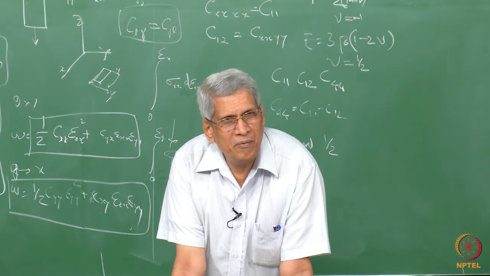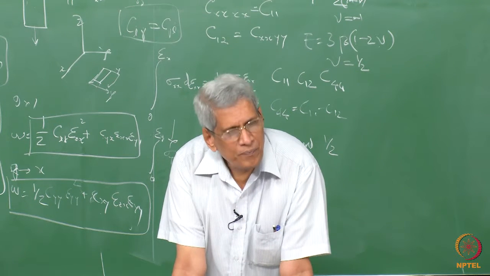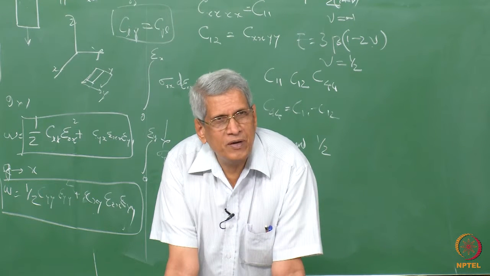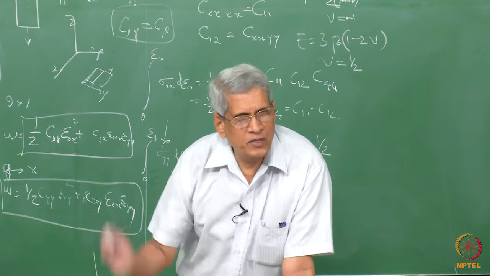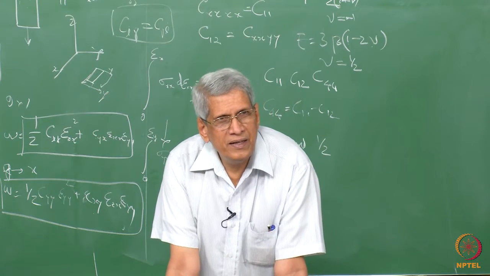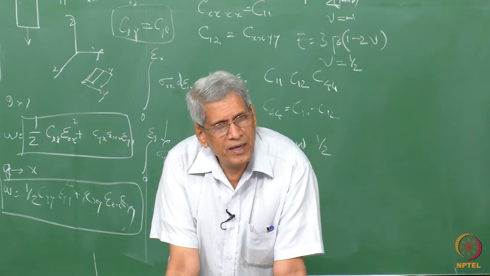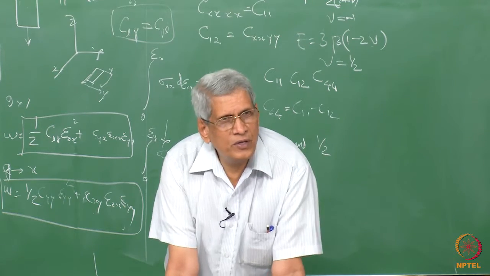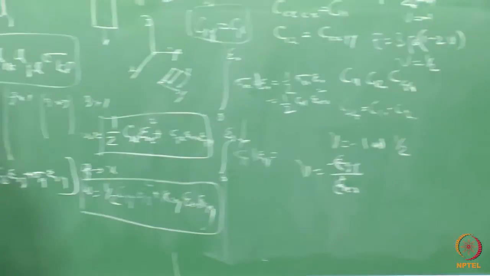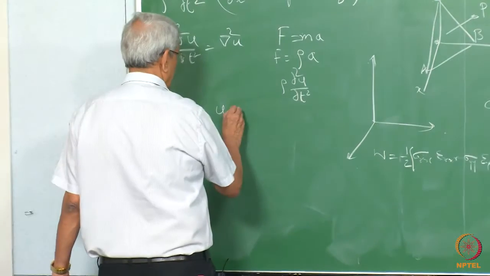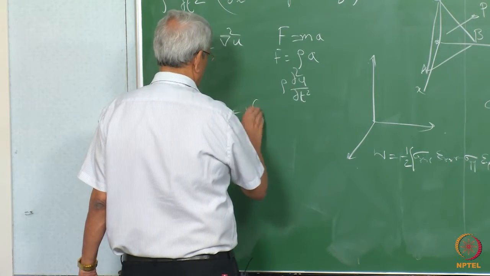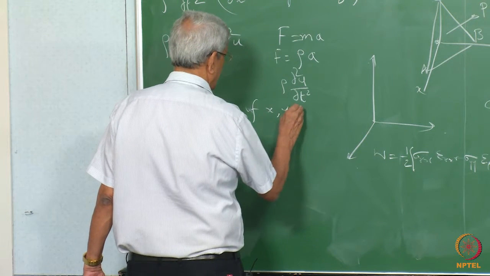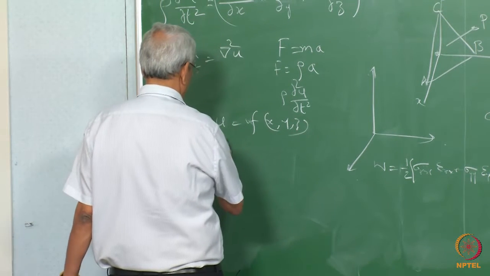We need to find the formula for displacement in terms of x and y satisfying this equation. Essentially, u will be a function of x, y and z. Similarly, v.